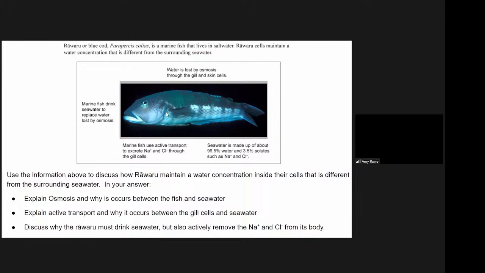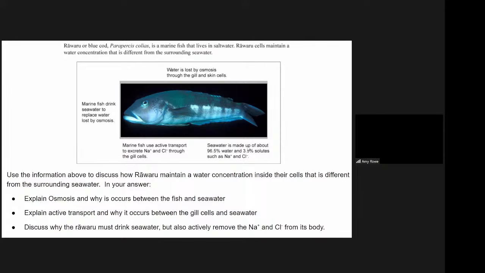So this question's quite nice, I guess, because they're giving you and directing you towards what you need to be talking about. You need to be talking about osmosis, and you need to be contrasting it with active transport. The question also says that seawater is made up of about 96.5% water and about 3.5% solutes.